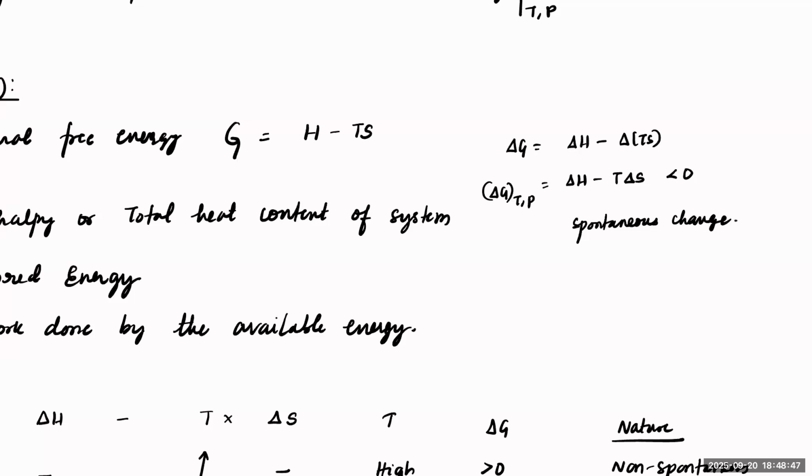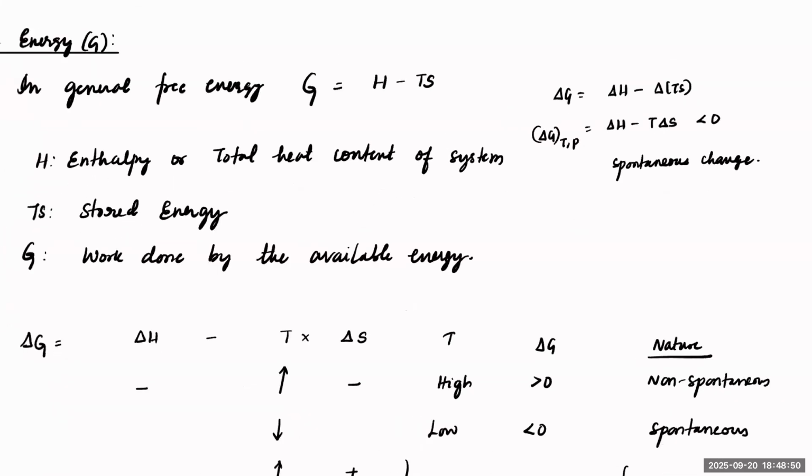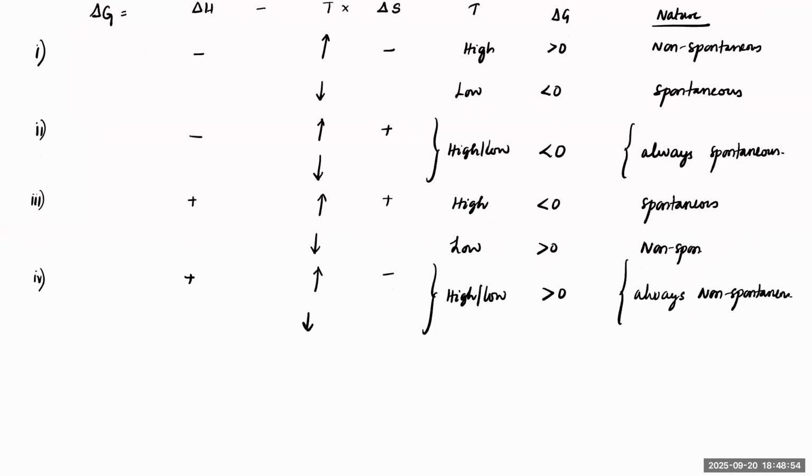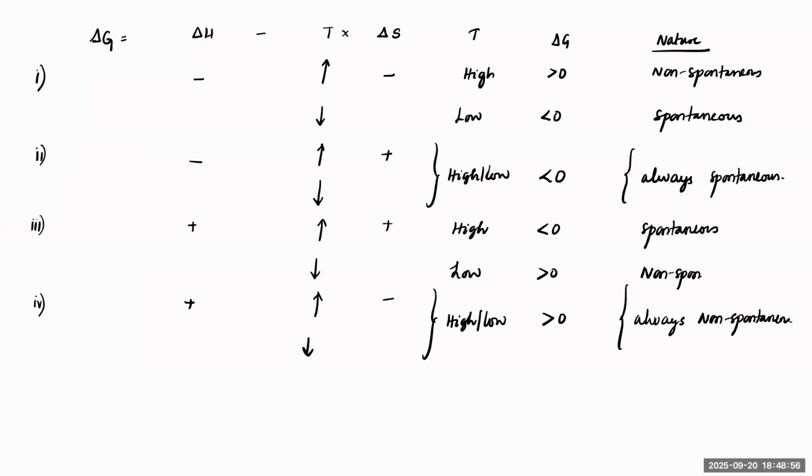Isn't it? Or if it is a chemical reaction, we say it is a spontaneous chemical reaction. You can see that delta G is equal to delta H minus T delta S.